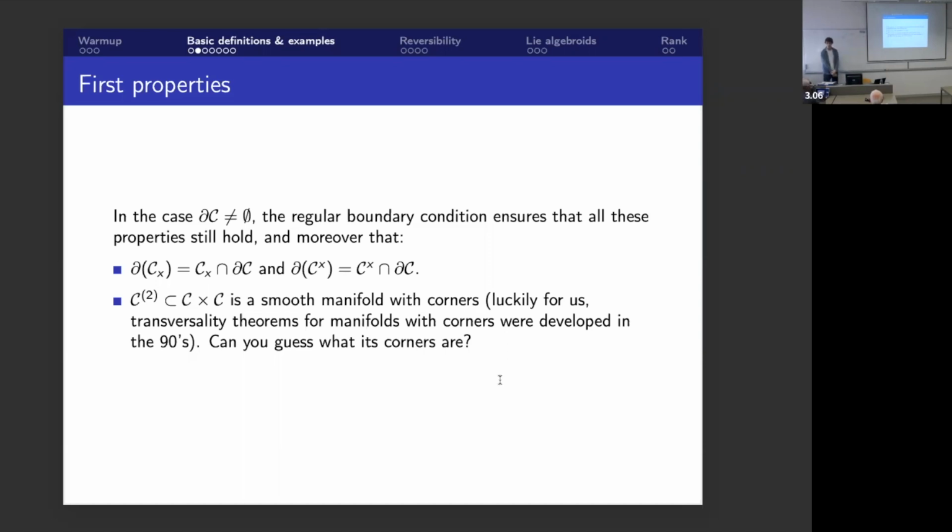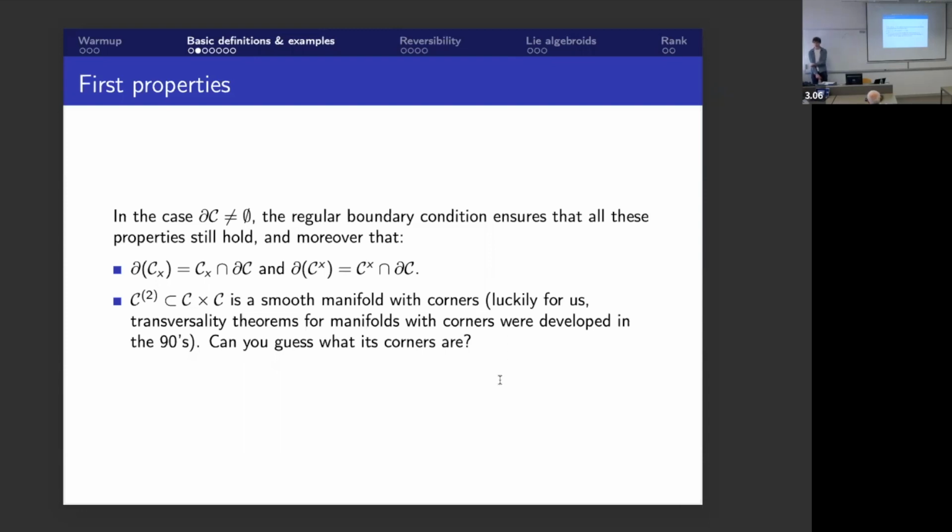Can I first ask, if you take a disk and then map it to a sphere, this one is not regular in a sense. What map do you have in mind?